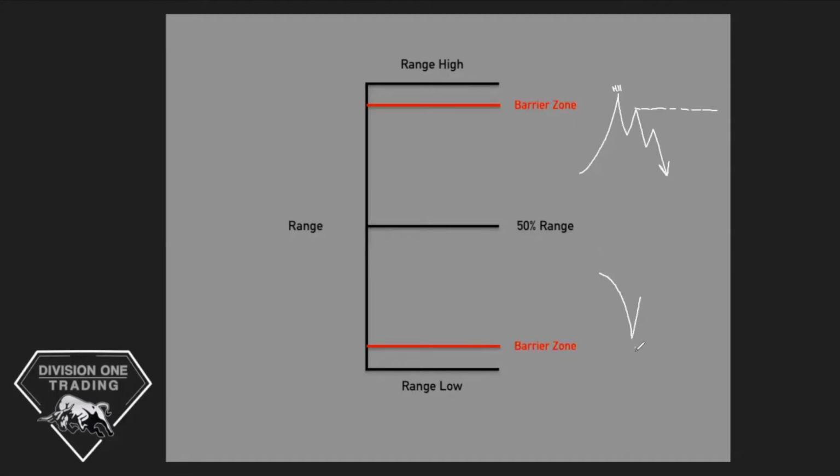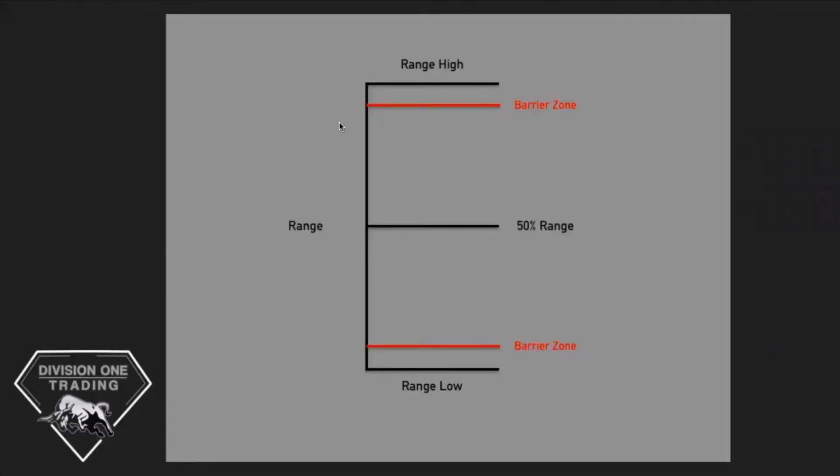When we make that lowest low, the higher low that comes after that, and here would be the lower high, the higher low that comes after that is the barrier zone, right? And that's why it's called a barrier. It's literally just a barrier to that last high.